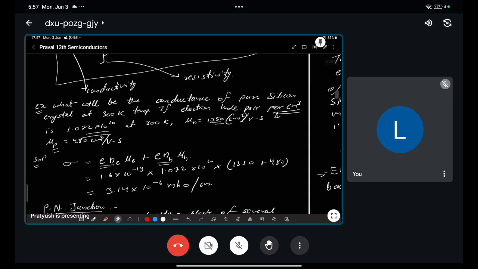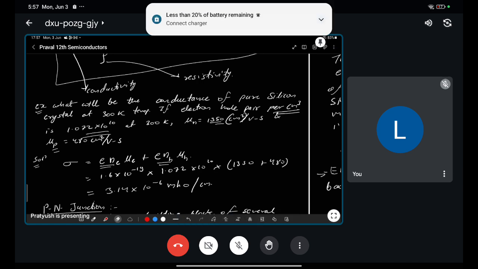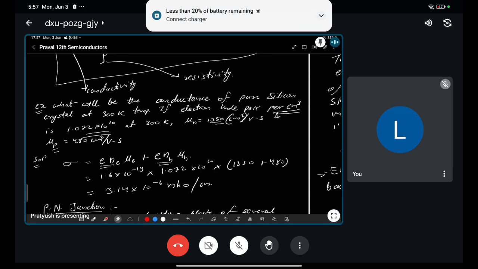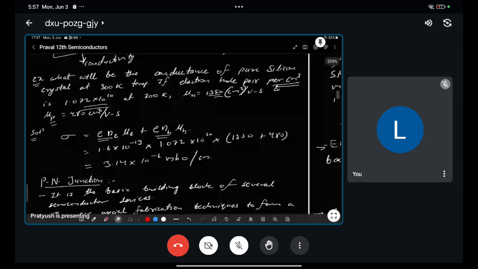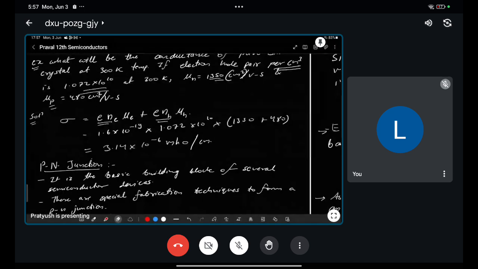This is simple. We just want to calculate the conductance. Conductance means simply sigma, we need to calculate. Everything is given to us, just put them in the formula. Answer.